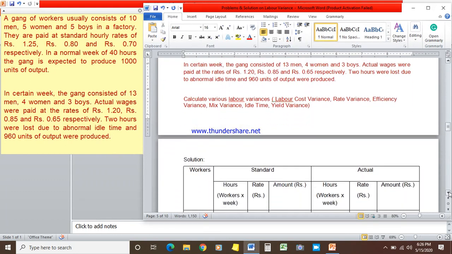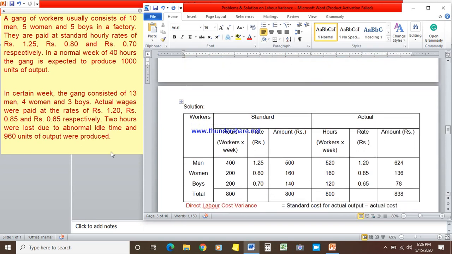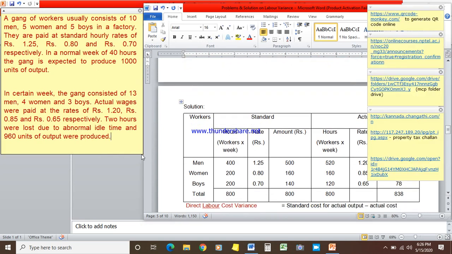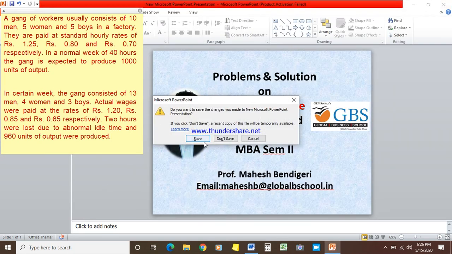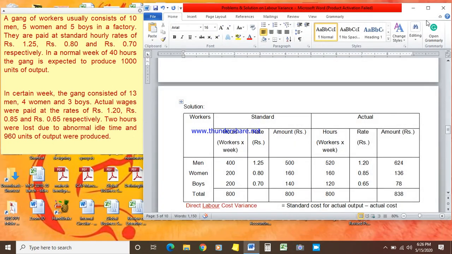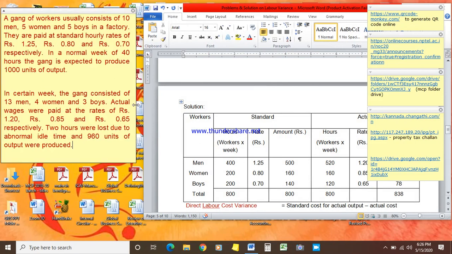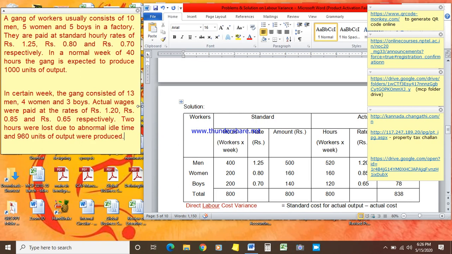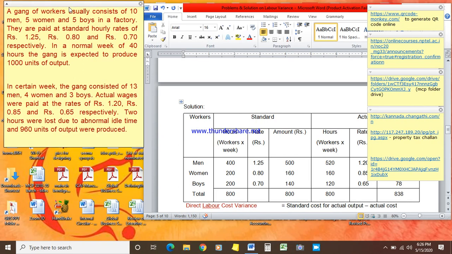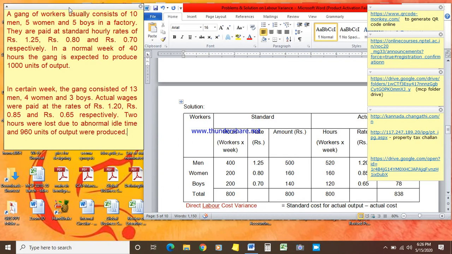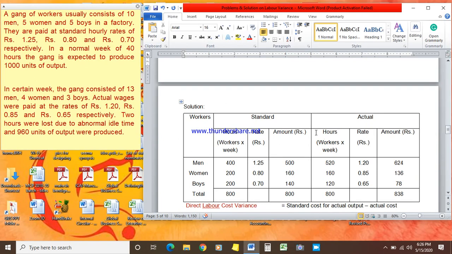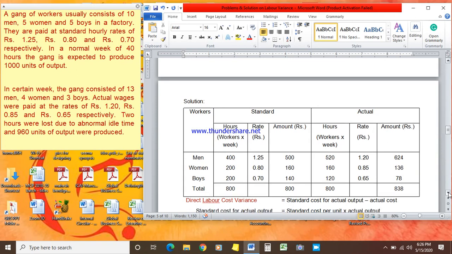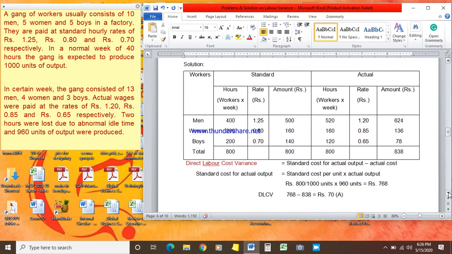Now since the problem is already on the left hand side of the screen, let's look into it. I put that entire problem into a table.